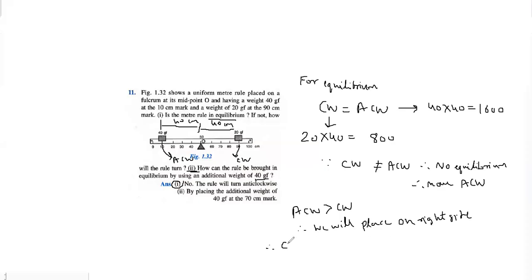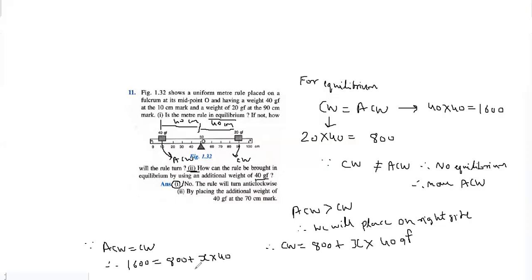Therefore, the clockwise moment will be 800, already available with us, plus the additional weight, which we will place at some distance X. So let's say X into 40 GF. Now, since anti-clockwise equals clockwise, let's check what that X is. Anti-clockwise is 1600. Clockwise now is 800 plus X into 40.